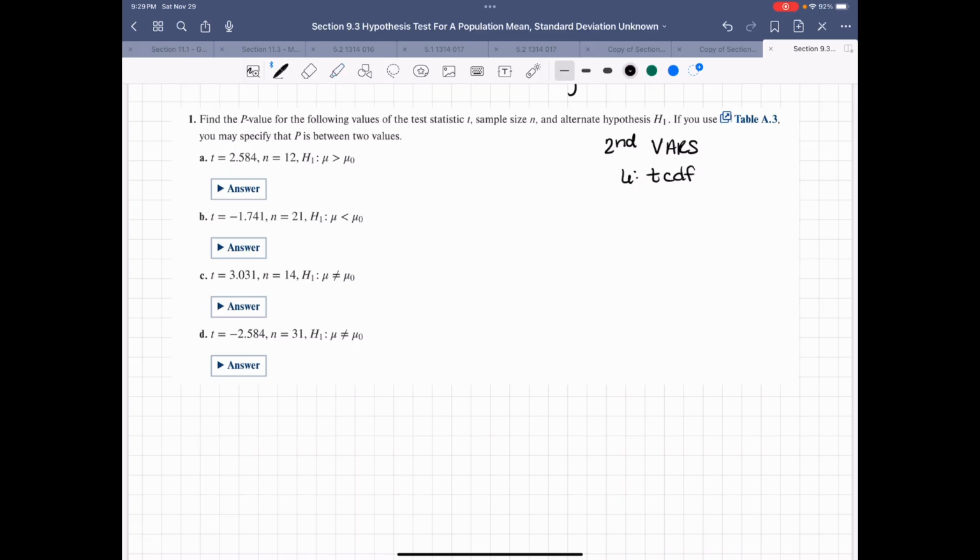In A, I have t equals 2.584, n equals 12, and the alternate hypothesis is mu is greater than mu sub naught. So we have greater than. That's important, guys.